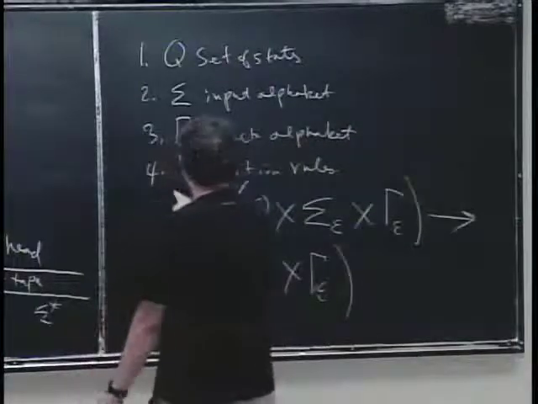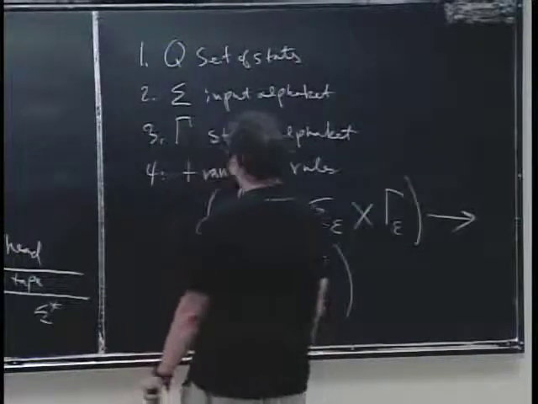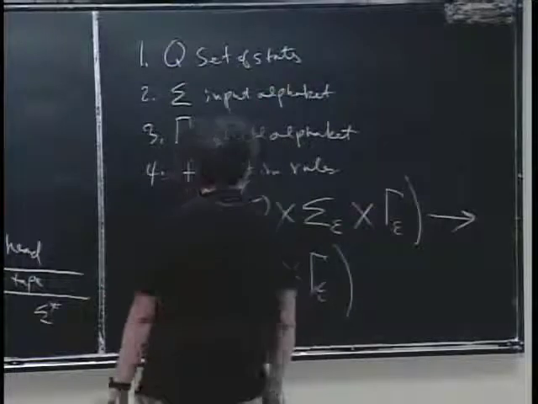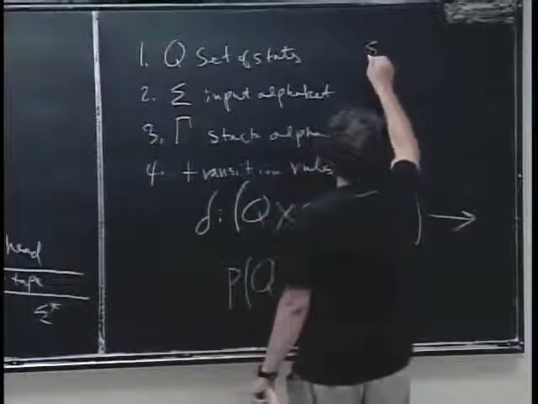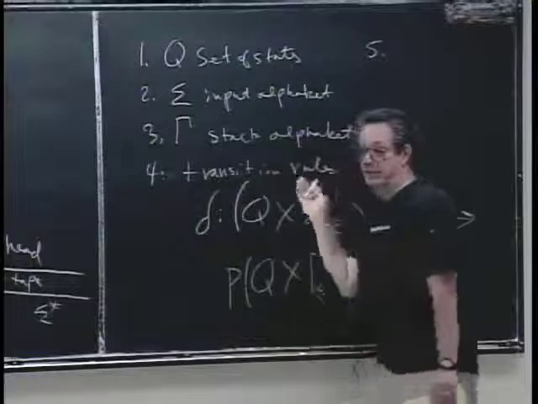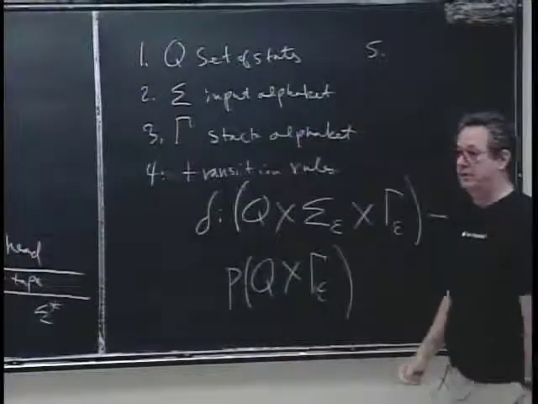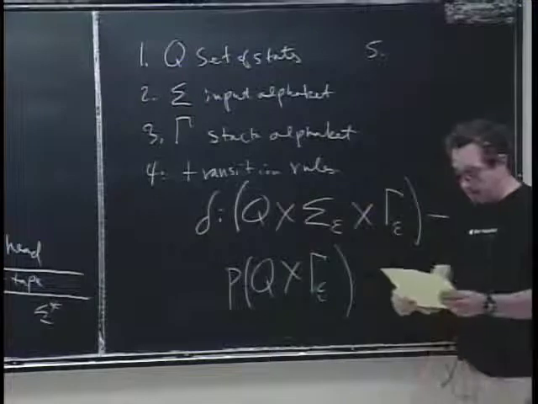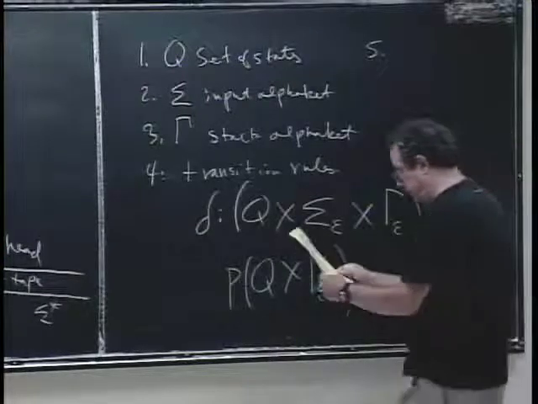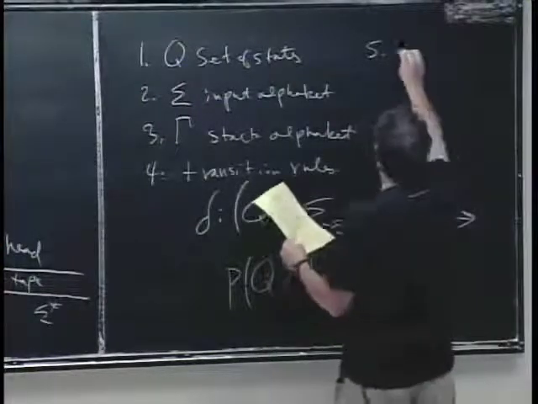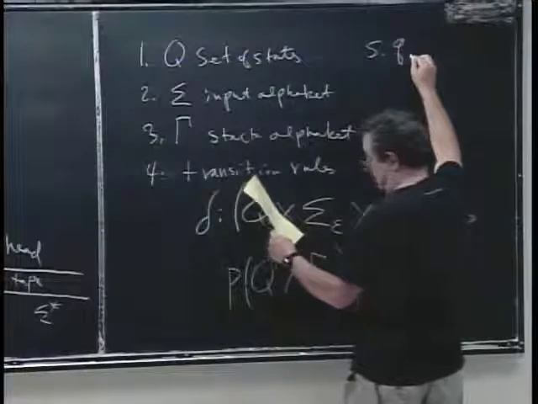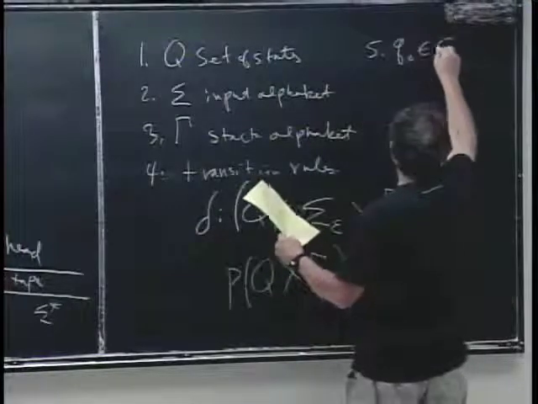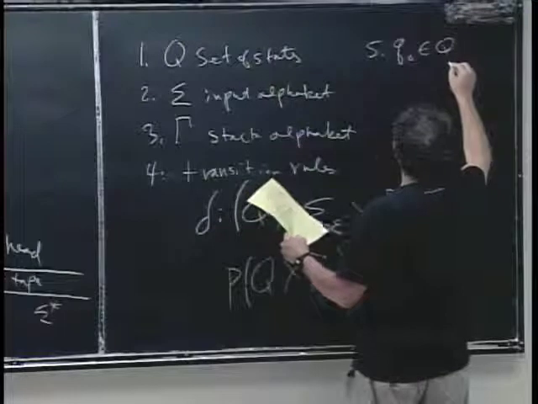So this was 4. Now we have a 5 and 6. What else haven't we specified yet that we typically specify in a machine? Yeah, start and accept states. So again, there'll be one start state.